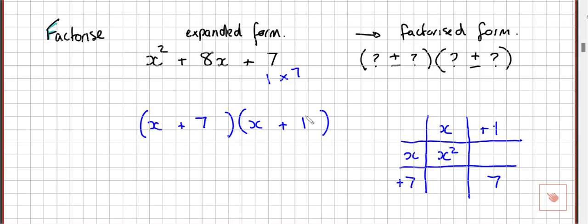But I should just check something, all right, which is, is it true that 1 plus 7 makes 8? Because if I do my grid, x times plus 1 would be plus x, 7 times x would be plus 7x. Those 2 would add together to make 8x. So we've got it. So this, I'm happy with.